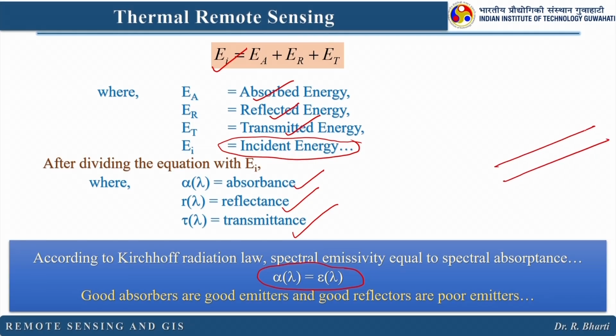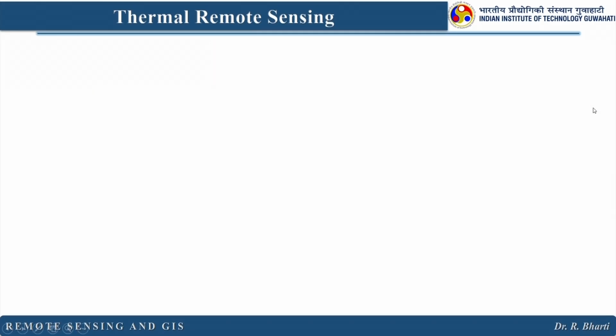If you have a very good absorber which is absorbing all the incoming radiation, that means it will be a very good emitter. If the target is a very good reflector, then there will be no absorption. So, in that case absorption will become 0 and reflectance will be maximum, right.